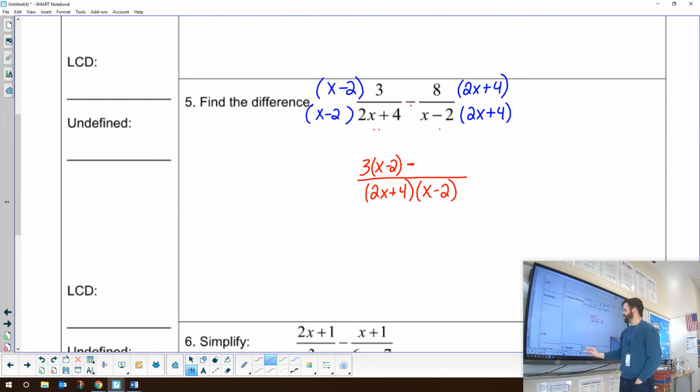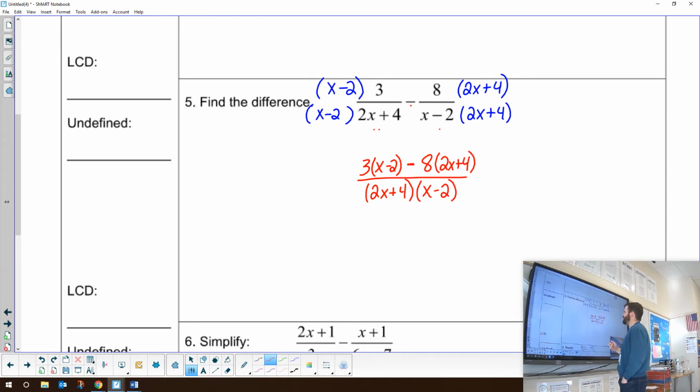So we can write that out here, that we're going to minus 8 times 2x plus 4. And we've combined it to one fraction, with the same common denominator. It's just we have to think, to get from this fraction to that denominator, what do I have to do?